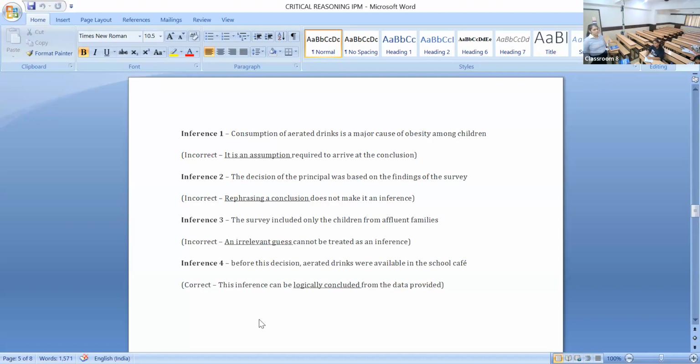How can you say that? It's just an irrelevant guess. How do you know they belong to only these families? Exactly, an irrelevant thing. Aerated drinks were available in the school cafe. This is there as a fact because that is what is being sold. So we have to go with something which is already there.